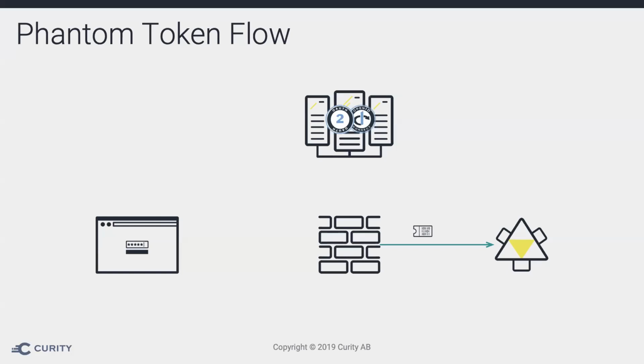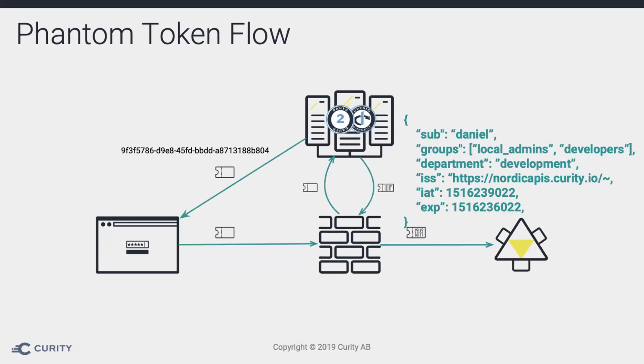The API can then validate this token using the public key of Curity. And when the signature has passed, it can use all the claims inside the token to create its authorization decision. And it looks something like this.